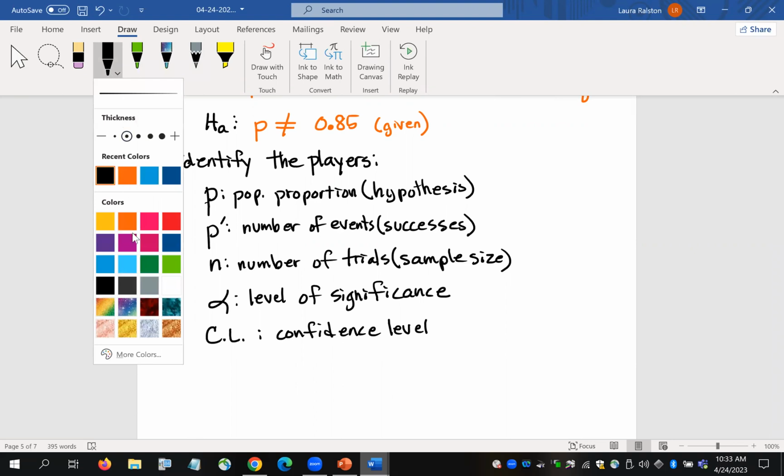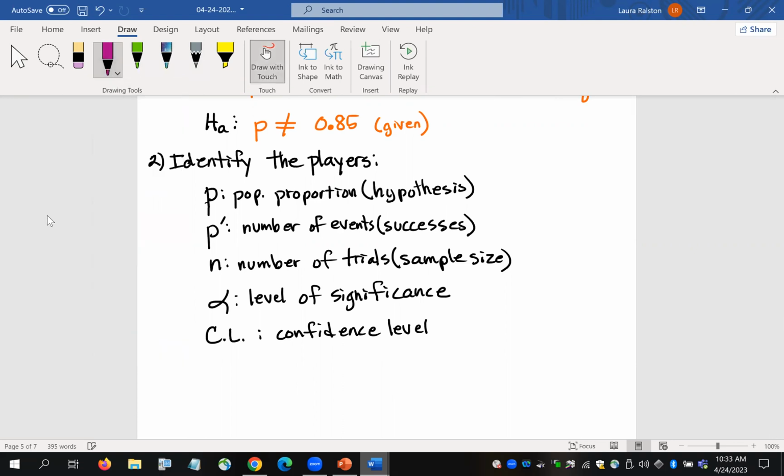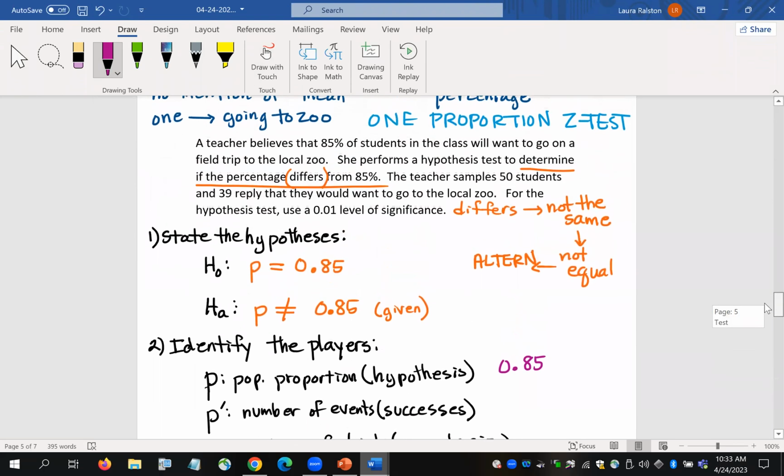So my population proportion is the 85% because the teacher believes that 85% of her students would want to go to the local zoo. So then I'm going back up to the story, and it says she samples 50 students and 39 reply that they would want to go to the local zoo.